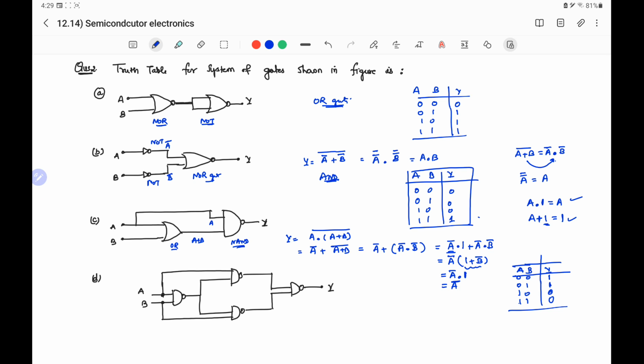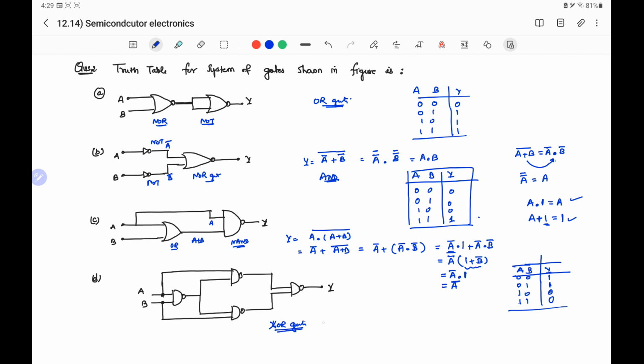Similarly, we have part D, in which four NAND gates are connected, and this is actually the circuit of the exclusive OR gate.